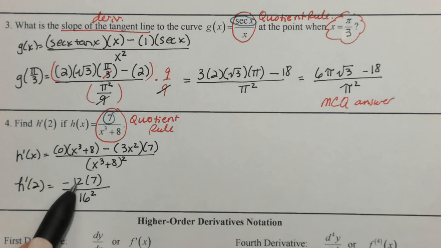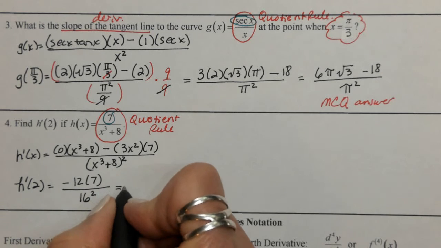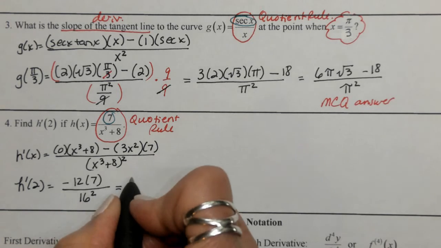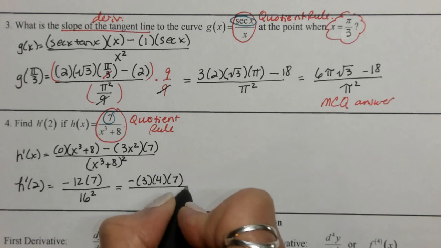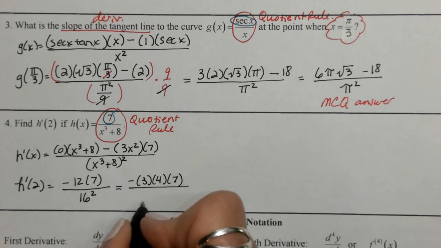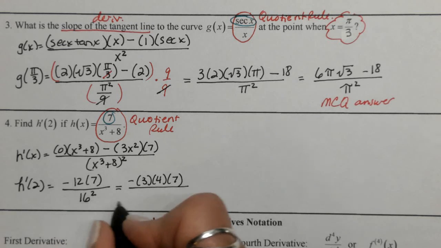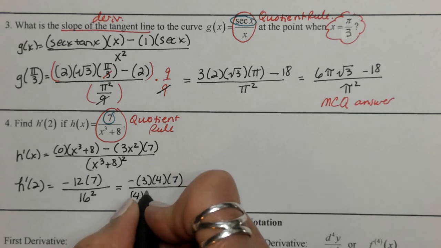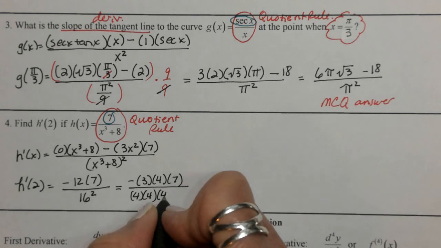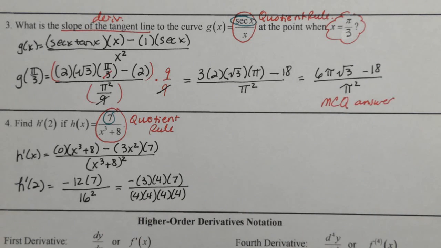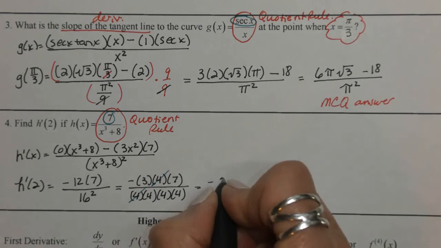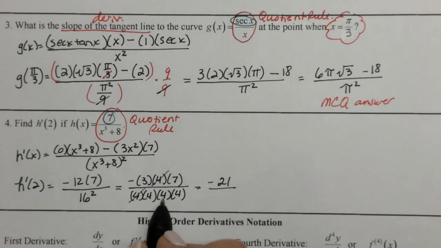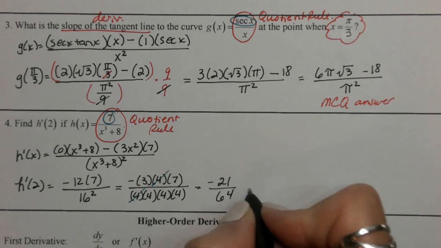Okay? Now, I know I have a 4 in 12, and I know there's a 4 in 16, so watch what I do for this. I'm going to write that 12 as 3 times 4, and I'm going to write 16 as 4 times 4, but it's being squared, so that's going to be 4 times 4, that's 16, and then another 4 times 4 for the other 16 down there. 4 goes into 4 once, so this is going to be a negative 21 over 4 times 4 times 4, 64.